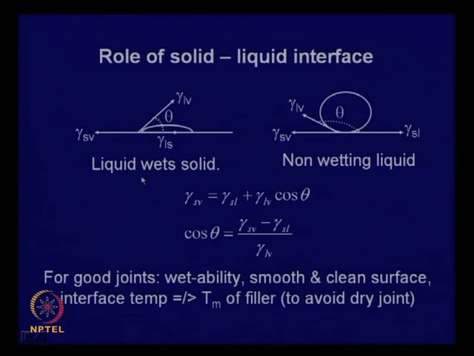To understand this, the role of the solid liquid interface is quite important. Suppose this is the solid layer on which you put a drop of molten metal. Depending on the respective surface tensions, this is the solid vapor surface tension, this is the solid liquid interface energy, and this is the liquid vapor interface energy.